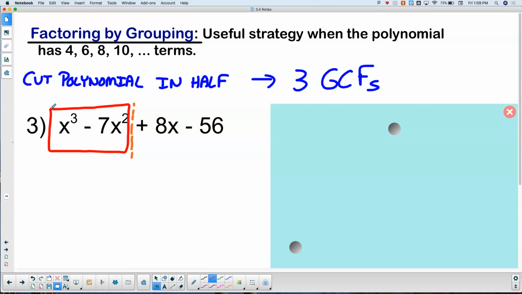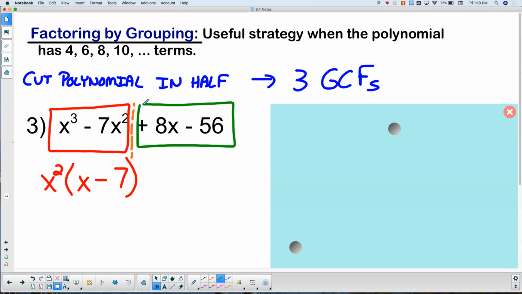Okay? Now I'm going to GCF the right side, the green box. 8.